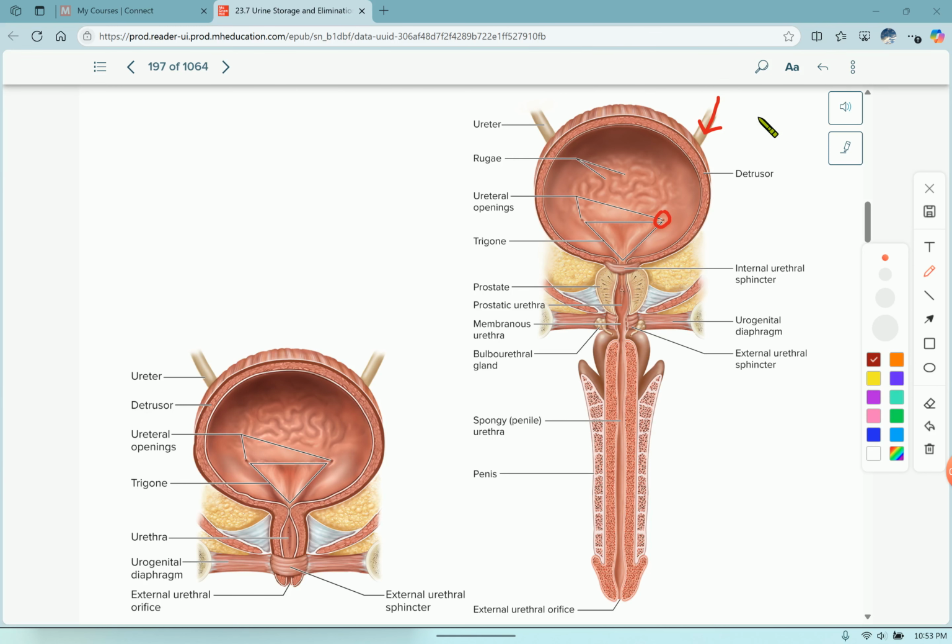So the ureter that comes in embeds itself into this area of the urinary bladder. So it creates a hole. And this is where the urine will leak into. Okay, and so those are the boundaries that create what's called the trigone area.